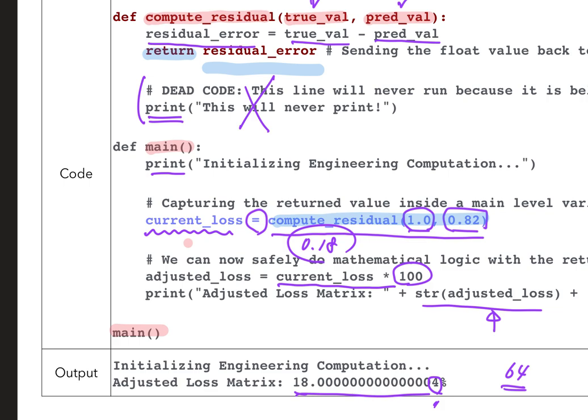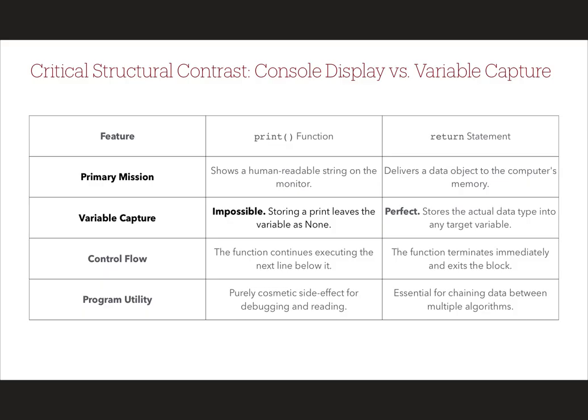Anyway, that is normal in computer science. So in case of the print function, it shows some string on the monitor at this point.